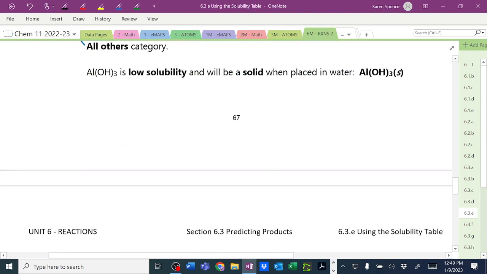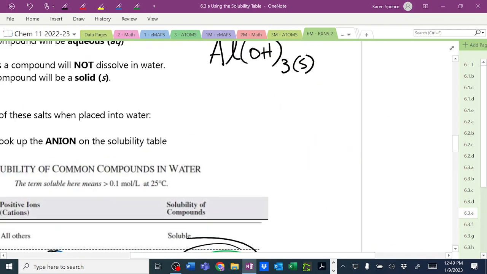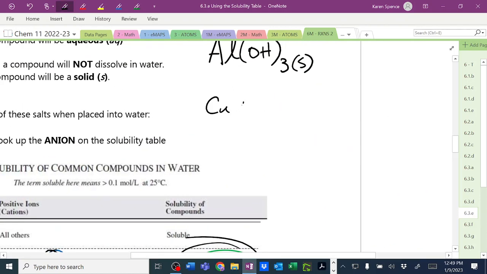All right, let's try copper 2 chloride, CuCl2.